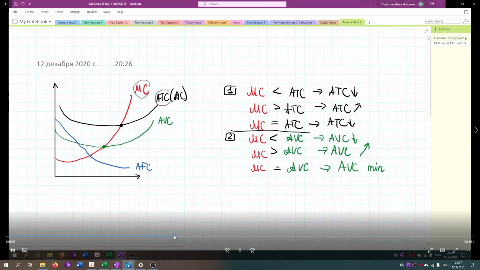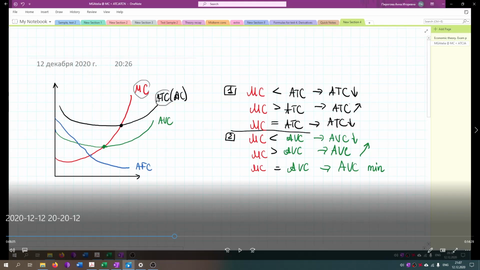Yes, this one. And we can see that average total cost is increasing in this case.